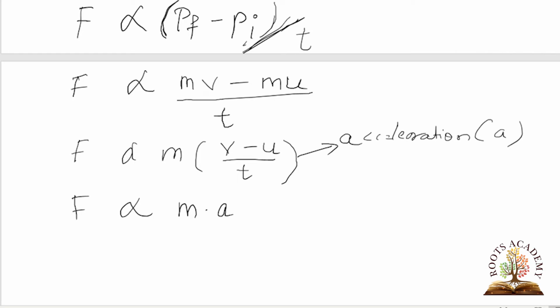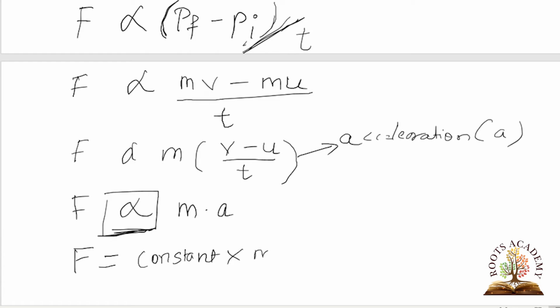Now in order to take this proportionality away and make it an algebraic equation, whenever we remove the proportionality symbol, we put a constant. We always put a constant in the multiple.